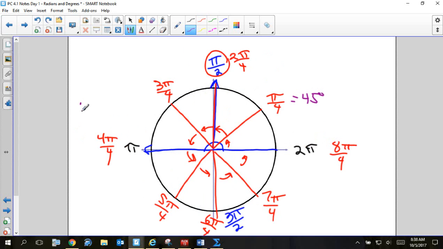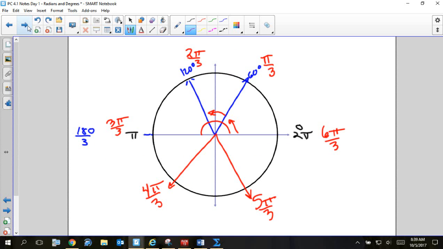If you take 180 and you divide it by 4, you get 45 degrees, okay. So the pi over 4s are the 45-degree angles. The pi over 3s are the 60s.